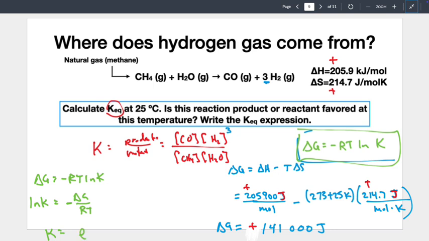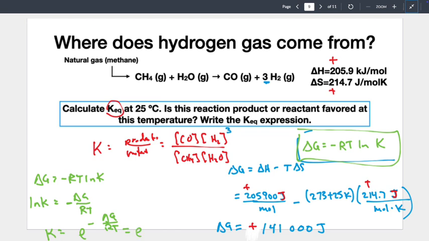K equals e to the negative delta G over RT. That looks real ugly. Trying to sub in those numbers, particularly a long number, 141,000, is going to be a mess, but you should still be putting that all in.